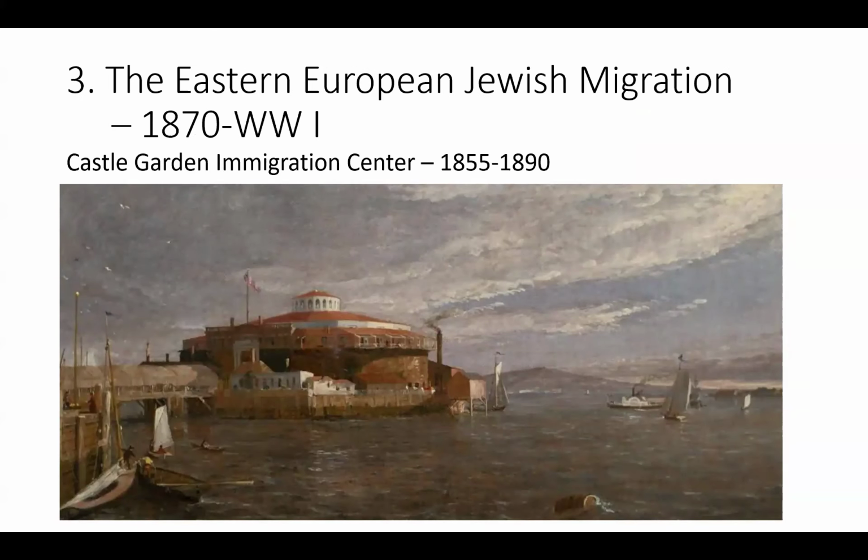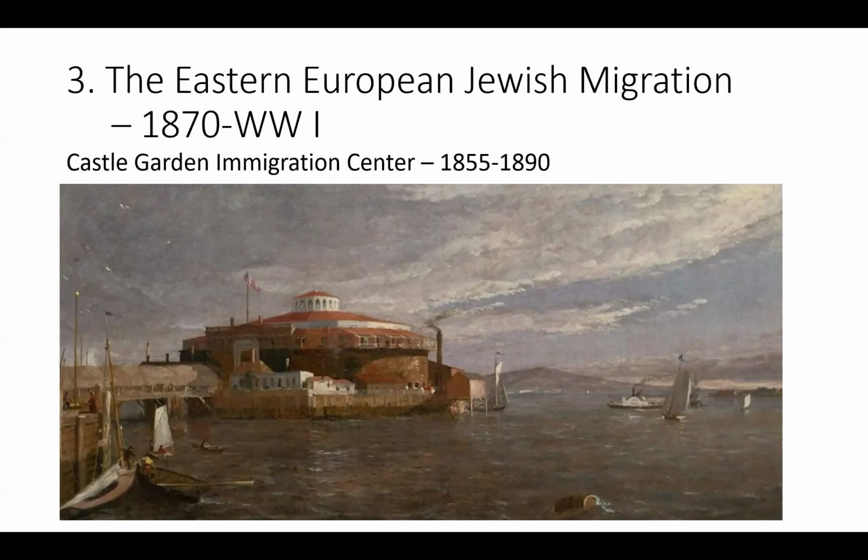Well, by the late 1800s, there was a big new migration into the city, and these were no longer the German Reform Jews. These were Eastern European Jews from the Russian, German, Austro-Hungarian, and Turkish empires, which dominated the Eastern European region.